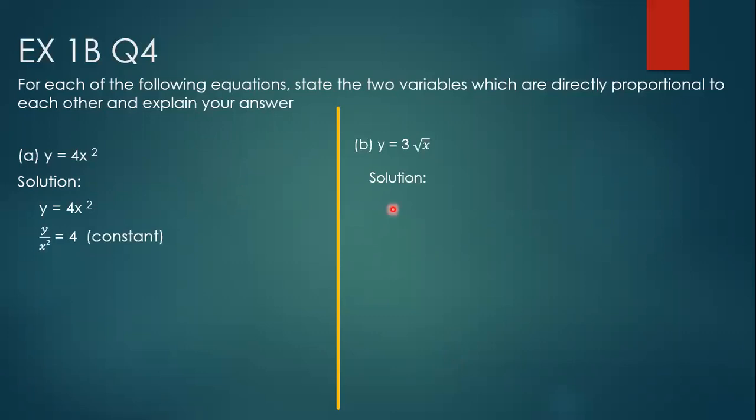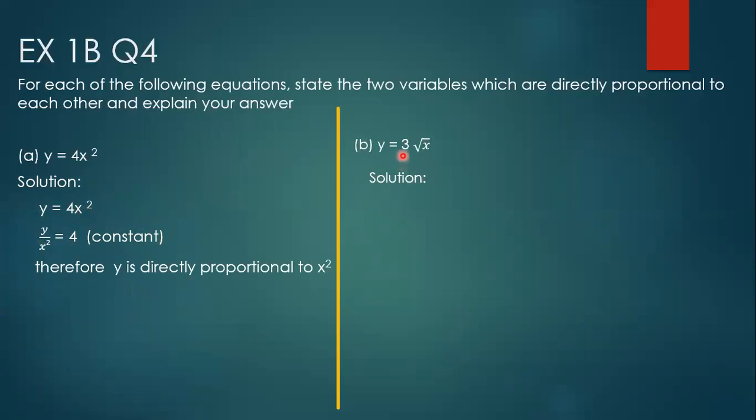Remember, whenever the two quantities are directly proportional to each other, you get a constant like y upon x is equal to k, right? So y upon x square is equal to 4. So this is a constant number. So this shows that y is directly proportional to x square.